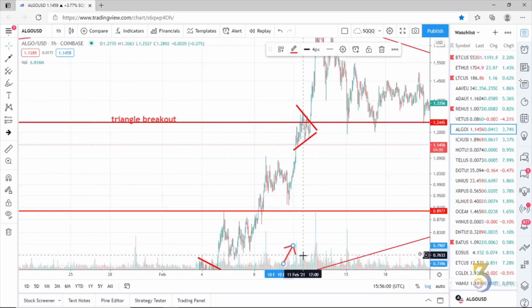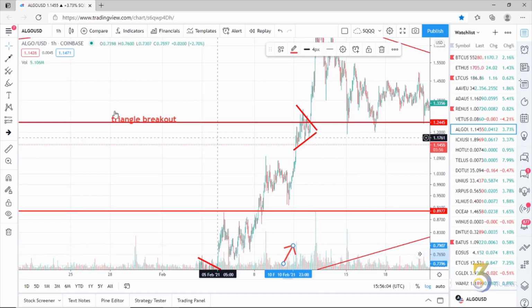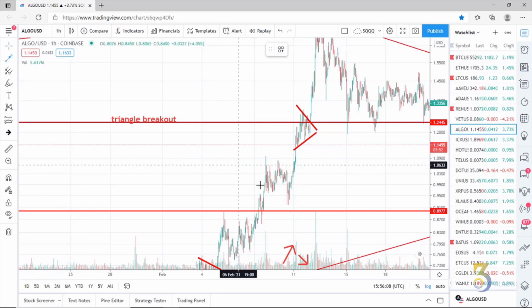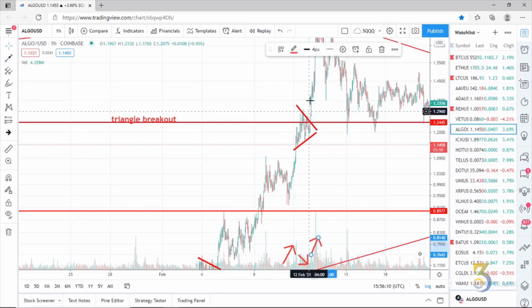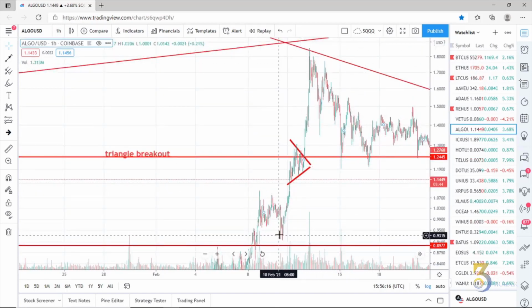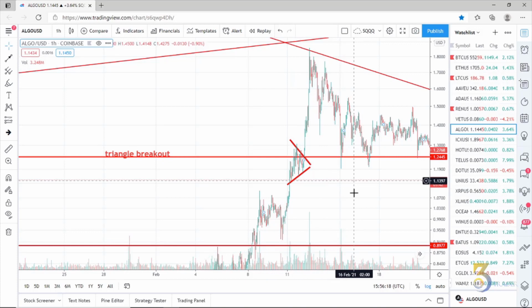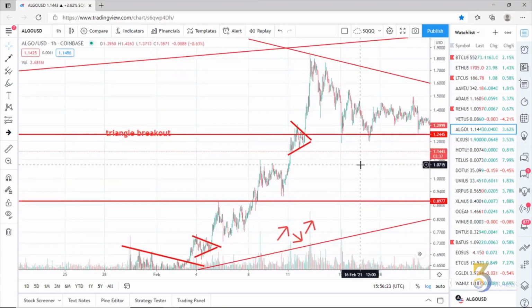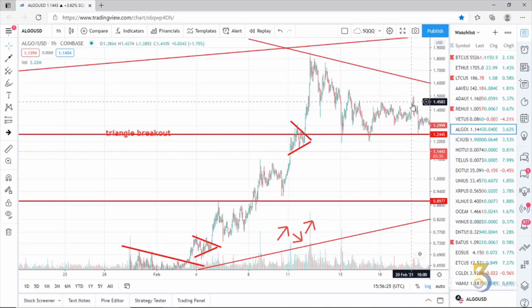Descension of volume, and then ascension of volume. Boom, right there on that breakout. Pennant, flagpole. I mean, look, good Lord. Absolutely amazing, absolutely stunning, absolutely perfect.